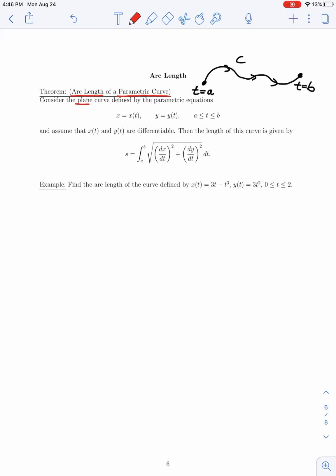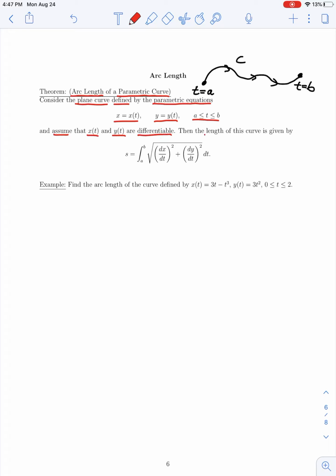So again, suppose we have a plane curve defined by parametric equations x of t and y of t, where t is varying from a to b. And let's assume that the equations x of t and y of t are differentiable.